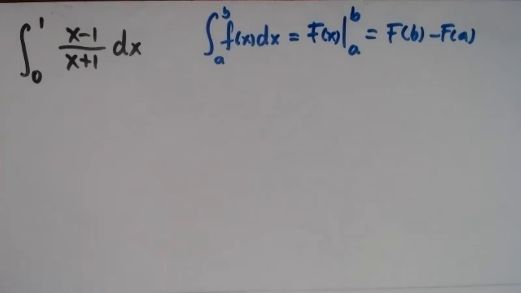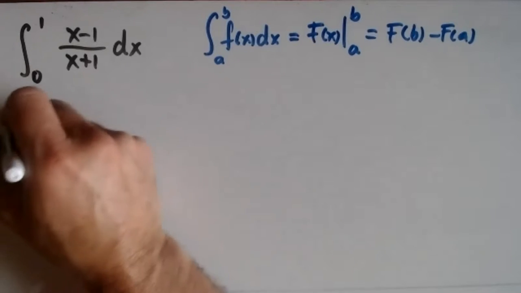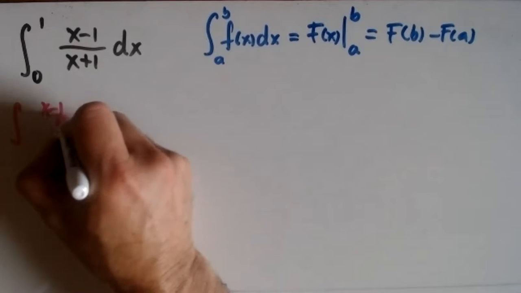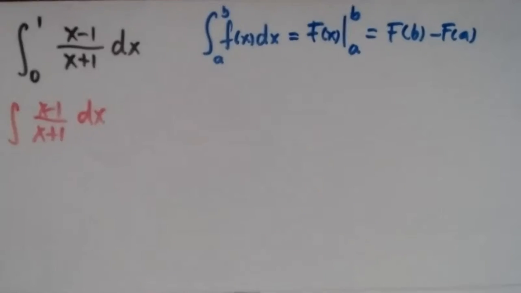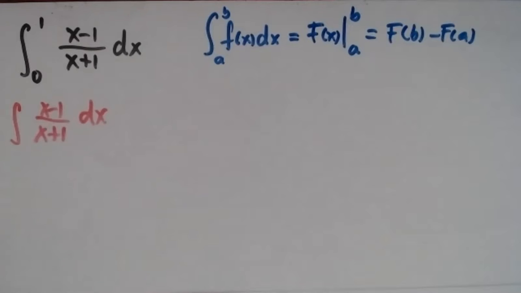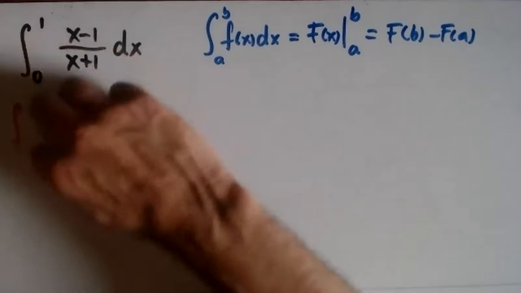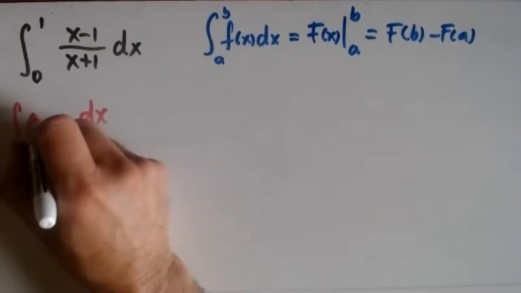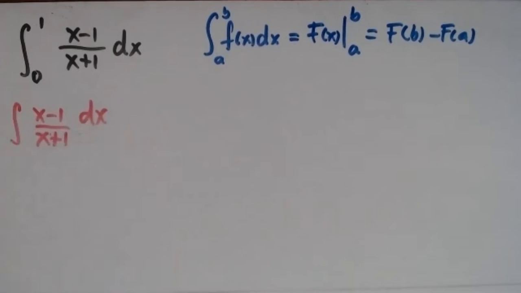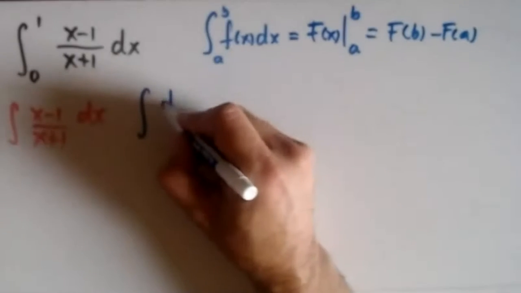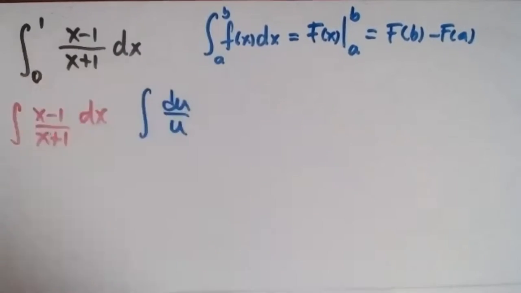Now, let's focus on the integral of x minus 1 over x plus 1 dx. Correct? Now, what is the formula we can try to fit? Okay, again, du over u, right?